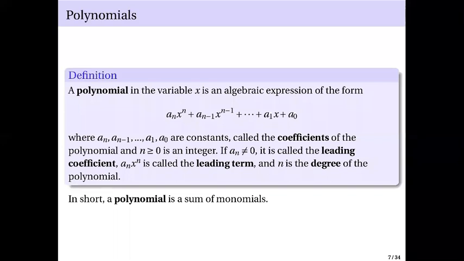So, let's look at some remarks here. This is your polynomial. This is our convention. In this course, we will write our polynomial most of the time in this way. You start with the leading term, a sub n x to the n.